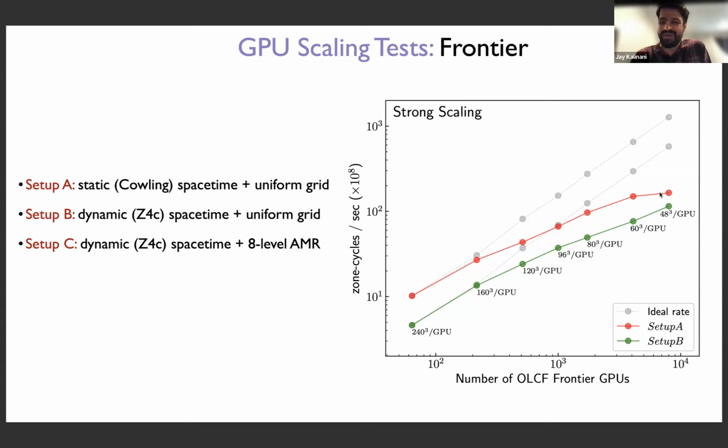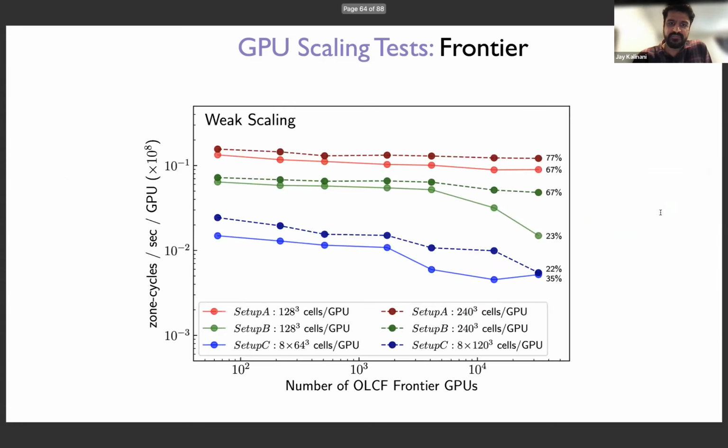So it is quite bad, as Levi mentioned as well, because as you move to a high number of GPUs, the compute load per GPU decreases drastically, from say 20 cubed to 40 cubed to 48 cubed. This is the reason for this decline. But for weak scaling, we do a bit better.